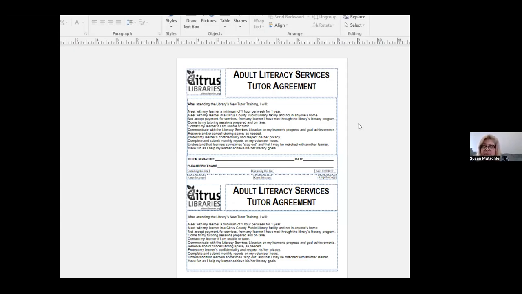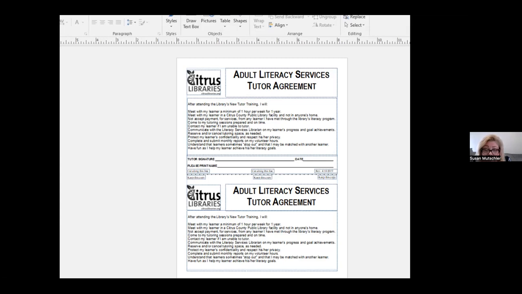I've also put this in the Google Share Drive, and you can change this up. You can take out the logo, you can change up the wording. This is an example of our tutor agreement. I will meet with my learner a minimum of 1 hour per week for 1 year. I will meet in a library. I will not accept payment for services. I will come to my tutoring sessions prepared and on time. I will contact my learner if I'm unable to tutor.